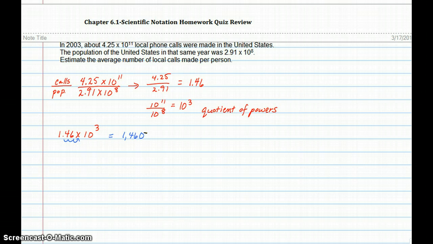If you did it on your calculator, you could get the same thing as well. There were about 1,460 local calls made per person.